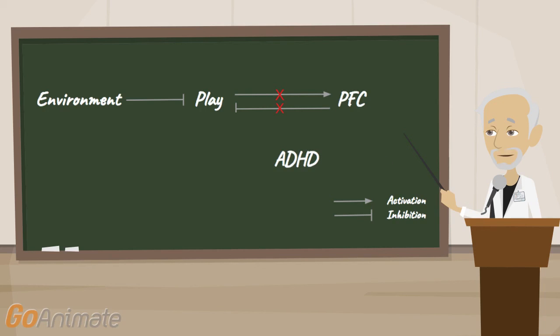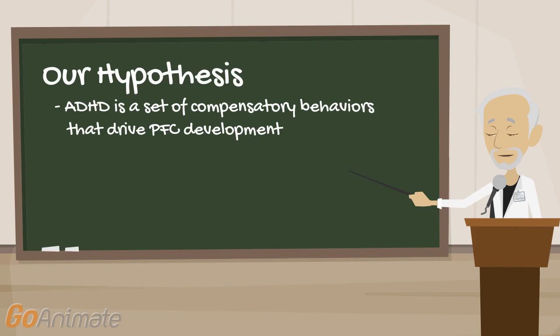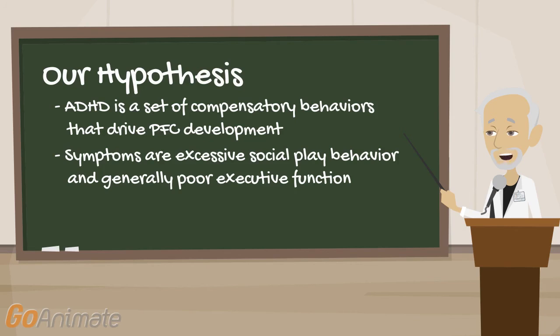What we're actually seeing, however, is a set of compensatory behaviors that arise to facilitate the continued development of the prefrontal cortex. The symptoms of ADHD, therefore, are a combination of excessive social play behavior and an underdevelopment of the frontal lobe's context-specific inhibitory function.